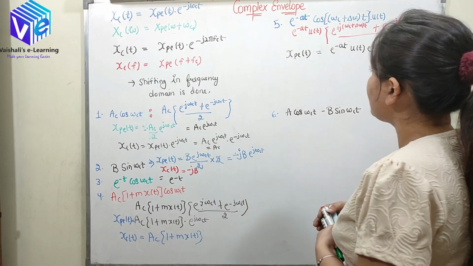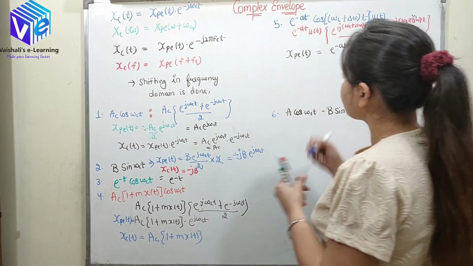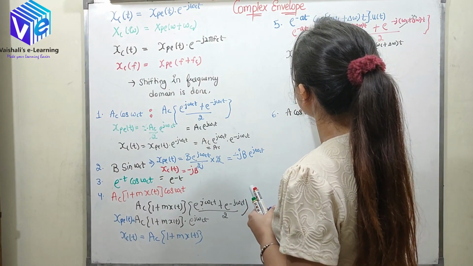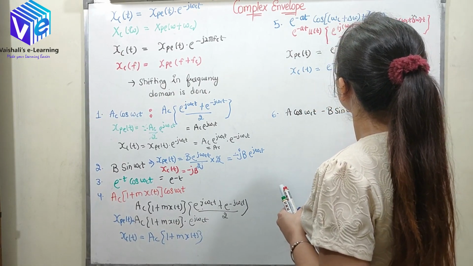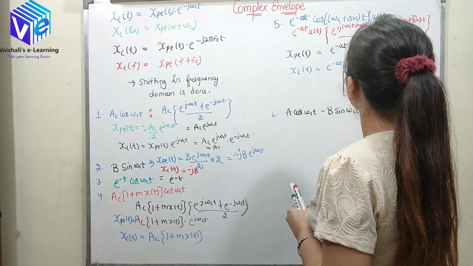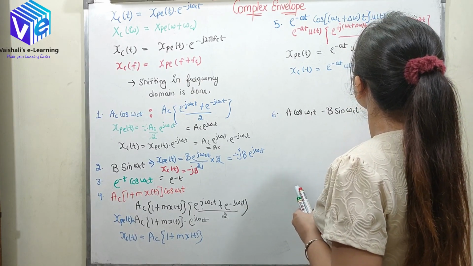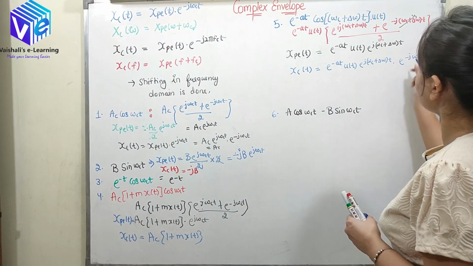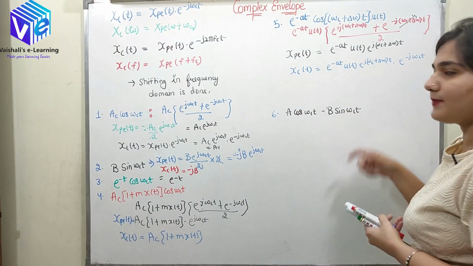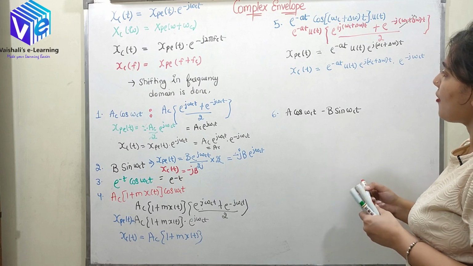We'll find out the complex envelope now. So the complex envelope x_c(t) is equal to e^{-at} u(t) e^{j(ω_c + Δω)t} into e^{-jω_c t}. I'll multiply it with e^{-jω_c t} and I'll get the complex envelope.